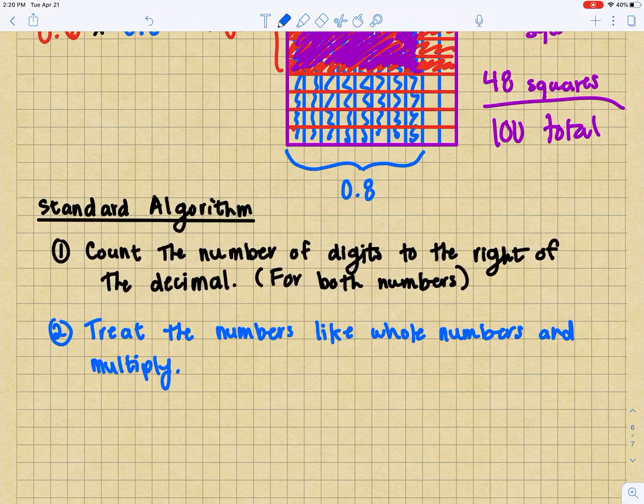I keep saying decimal place, decimal point is what I mean to say. You're going to ignore the decimal point and multiply as if they're whole numbers, okay?